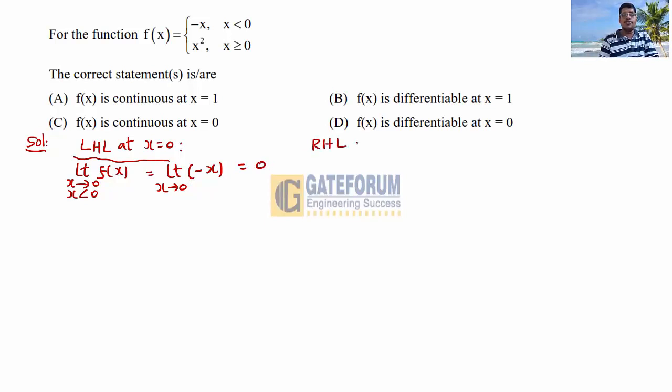RHL of the function f of x at x equal to 0. The notation limit x tends to 0 plus can be written as x tends to 0, x greater than 0. Similarly, left hand limit is denoted by x tends to 0 minus, which is also written as x tends to 0, x less than 0.